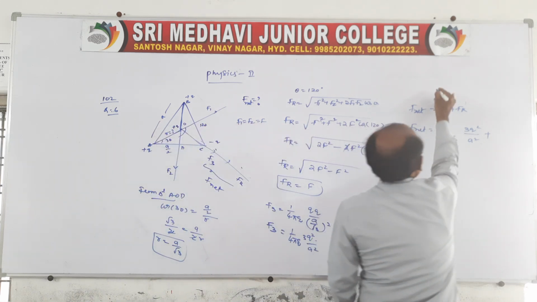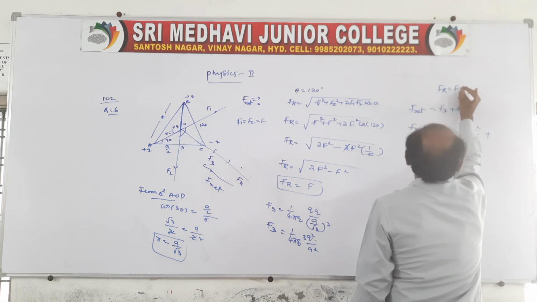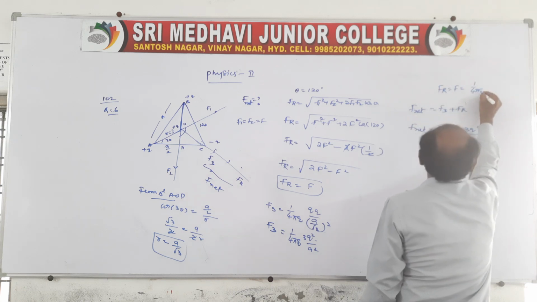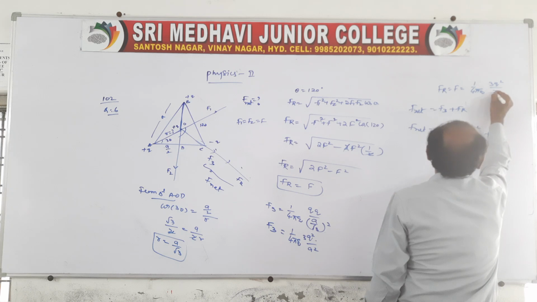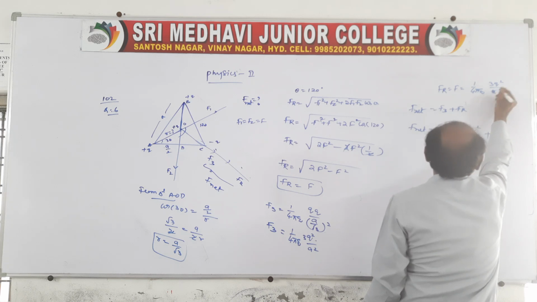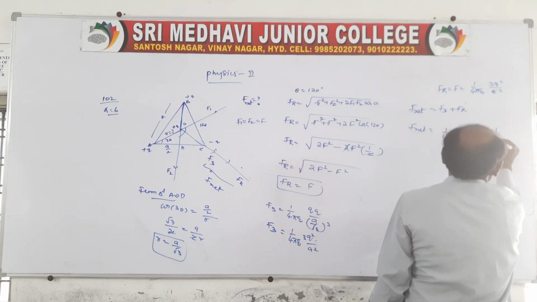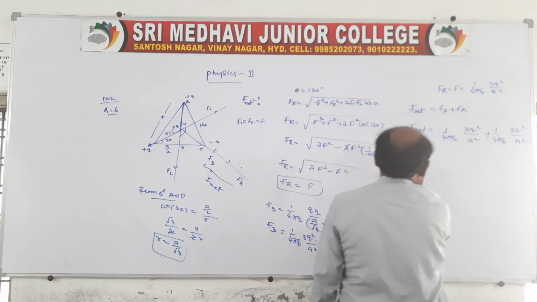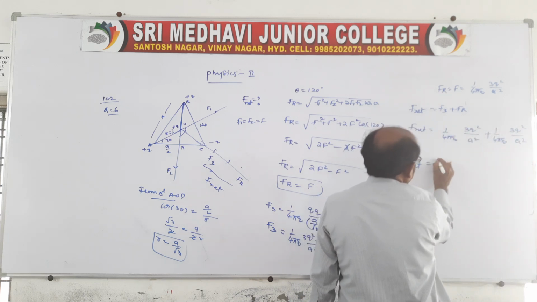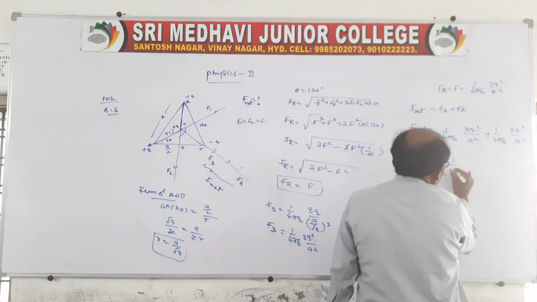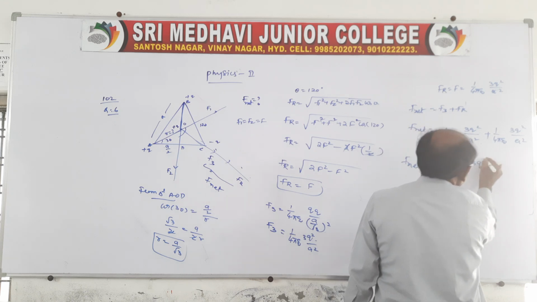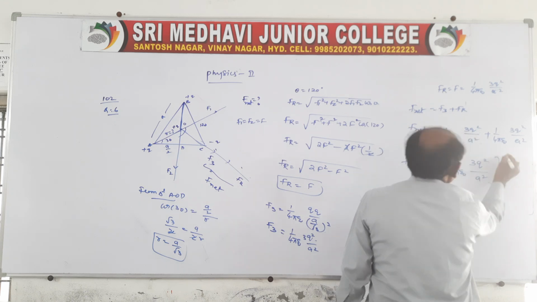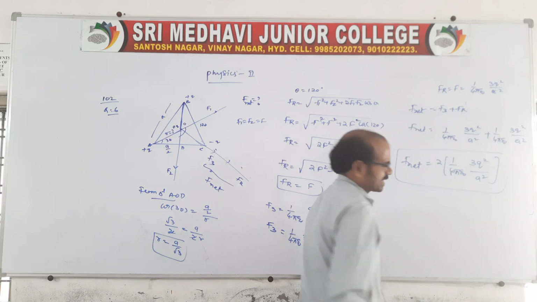So Fr is also equal to F, that value is 1 by 4 pi epsilon naught 3Q square by A square. So F net is equal to 2 of 1 by 4 pi epsilon naught 3Q square by A square. So this is the final answer we can say.